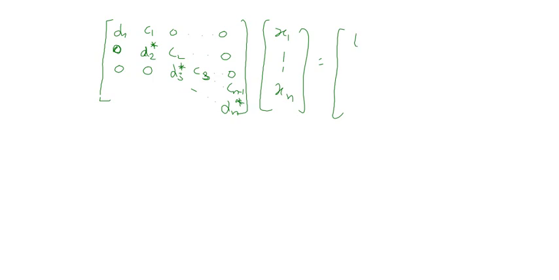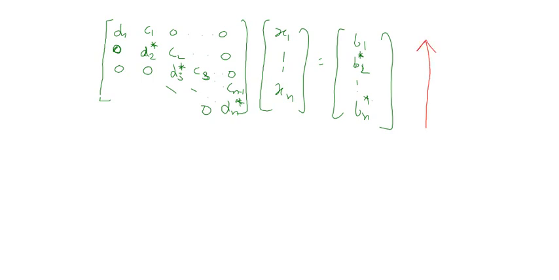Now here are the zeros. So it is an upper triangular system, which you can solve by using the backward substitution method. From the last equation, xn is equal to bn star by dn star.